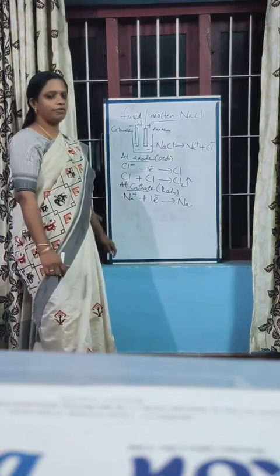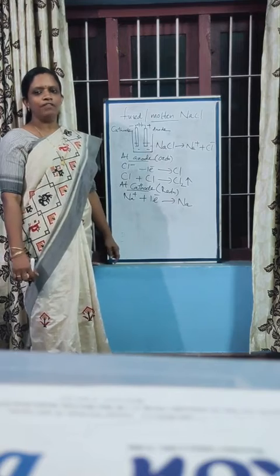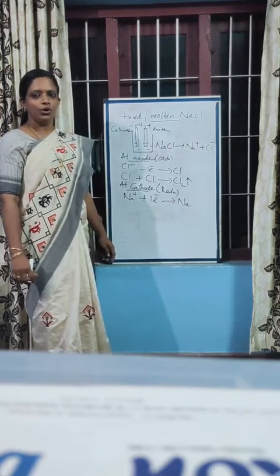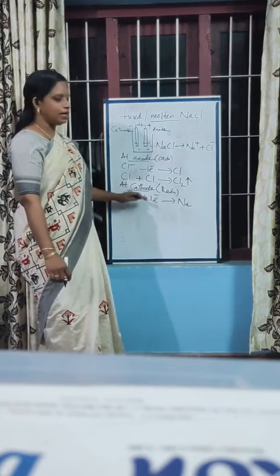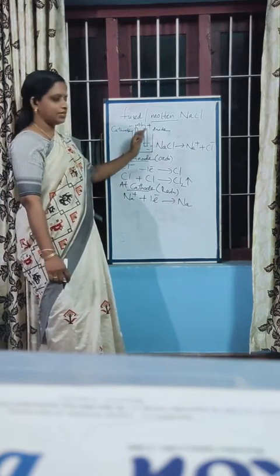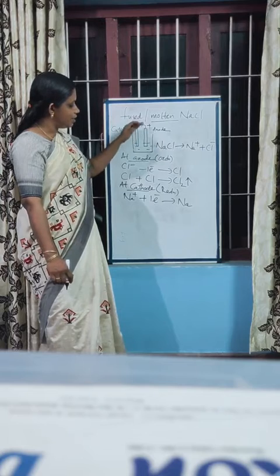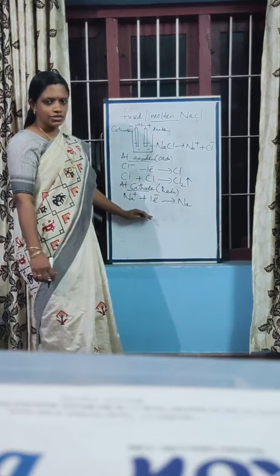Consider if we are not providing electricity to the system, will there be any change? Will there be any reaction? No. These reactions are all due to the electricity. Electricity brings about all these reactions.